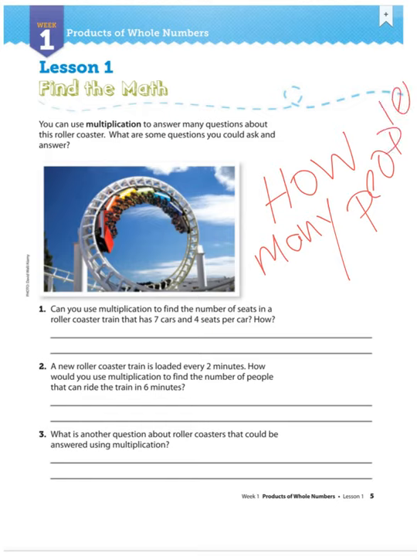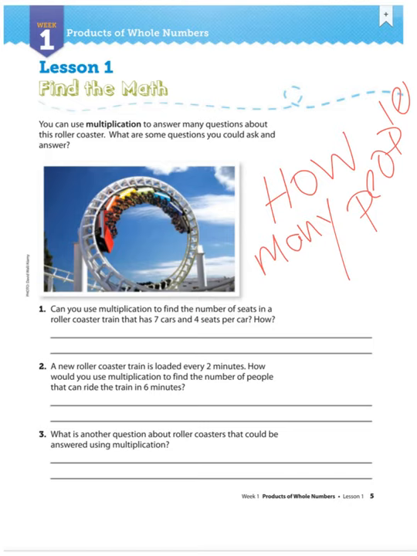Number 1 says, can you use multiplication to find the number of seats in a roller coaster train that has 7 cars and 4 seats per car? And they want to know how. So yes, we can use multiplication to find the number of seats in a roller coaster.